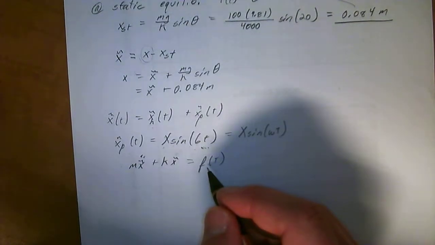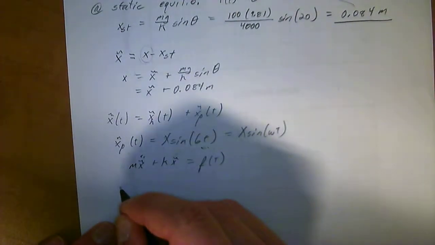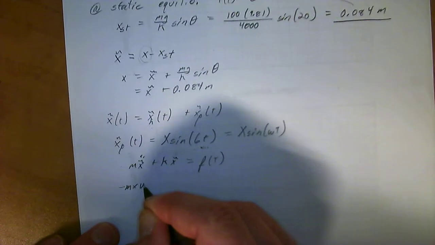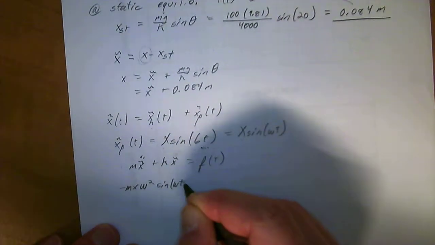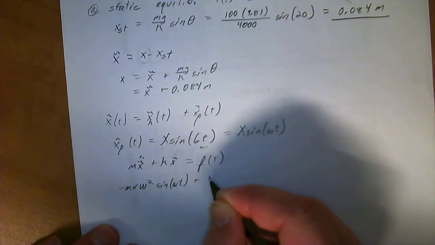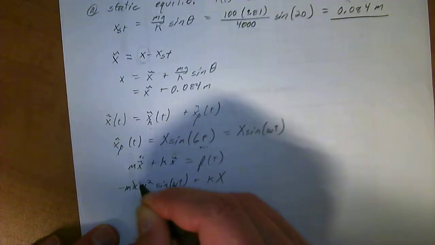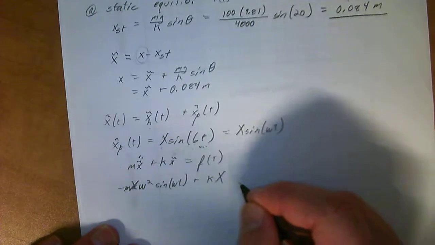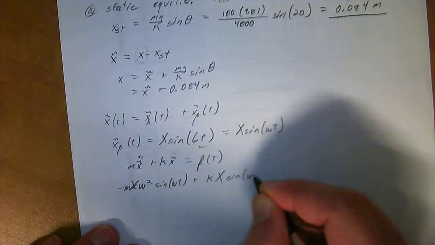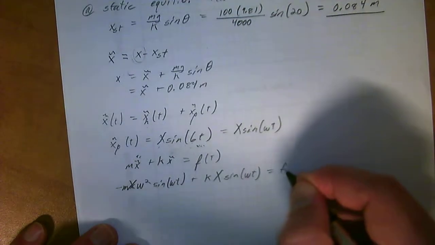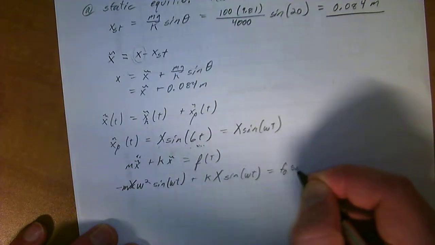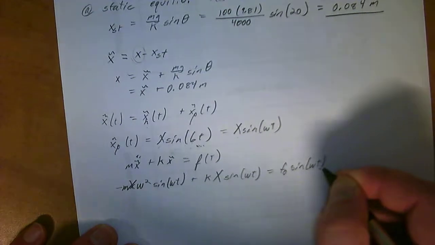Okay, so then solving this out, you get minus m x omega squared sine of omega t plus k x, this should be large x, I apologize, sine of omega t, where we just substituted this right in there, is equal to f naught sine of omega t. Now you'll notice I'm doing this symbolically.